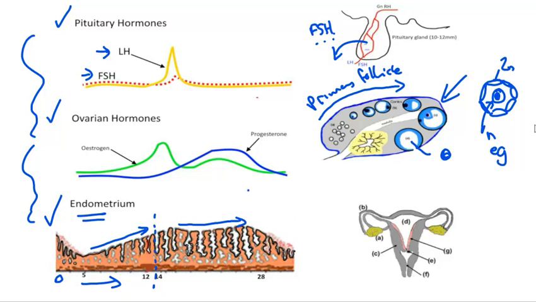Let's call that the egg cell. And so this follicle, under the influence of FSH, will enlarge its size. And I've shown that enlarging process in a sequence here, and that would culminate in the level known as the secondary follicle.